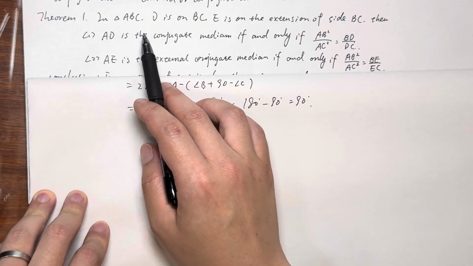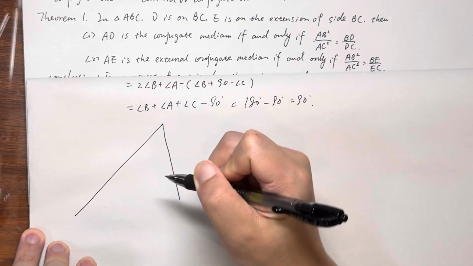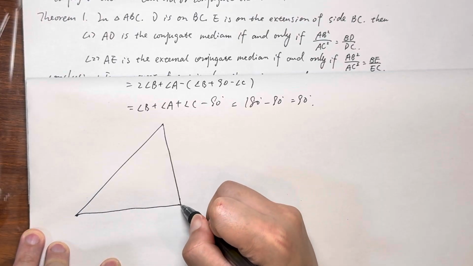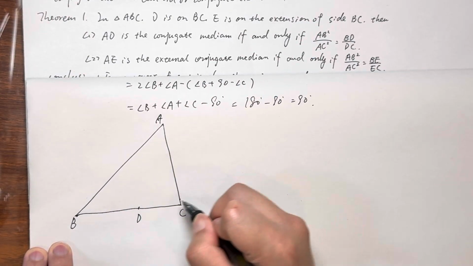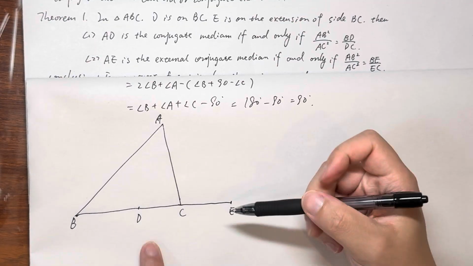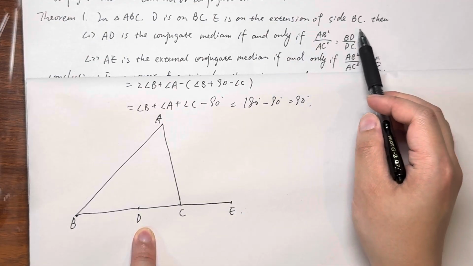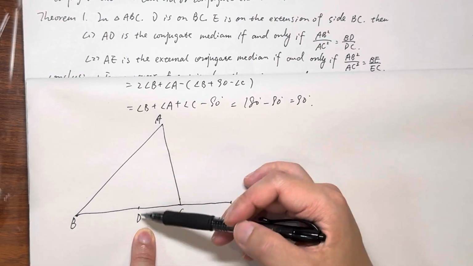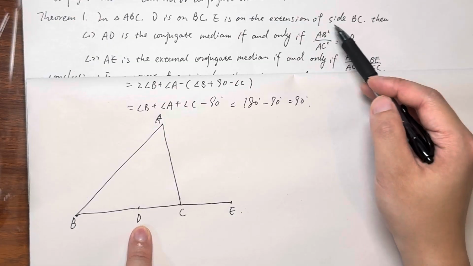In the triangle ABC, D is on BC, E is on extension of the side BC, then AD is a conjugate median if and only if BD to DC equals to this one.